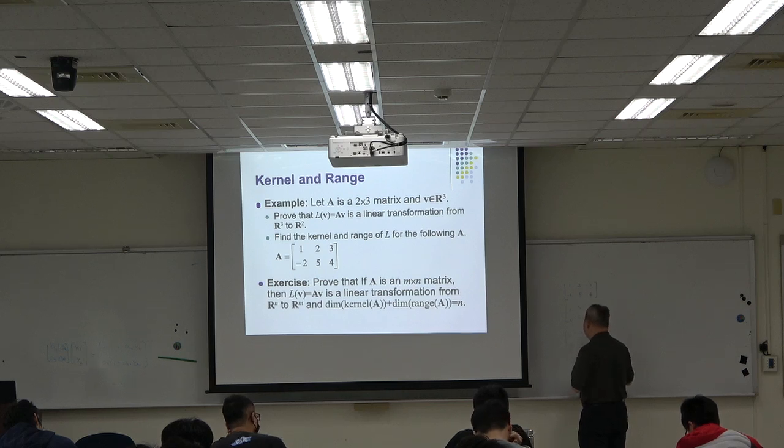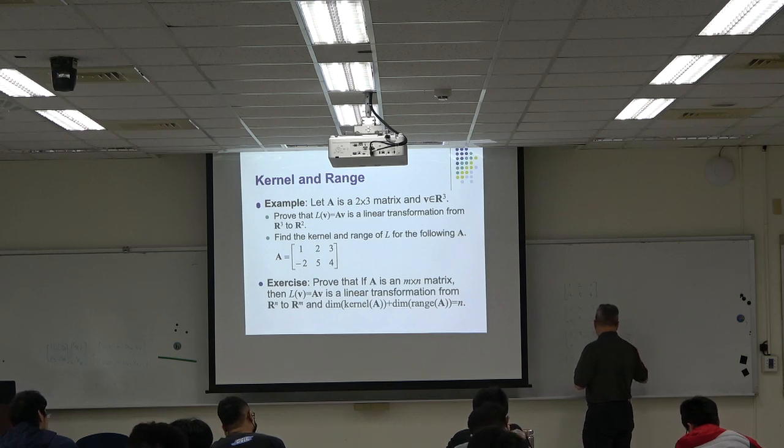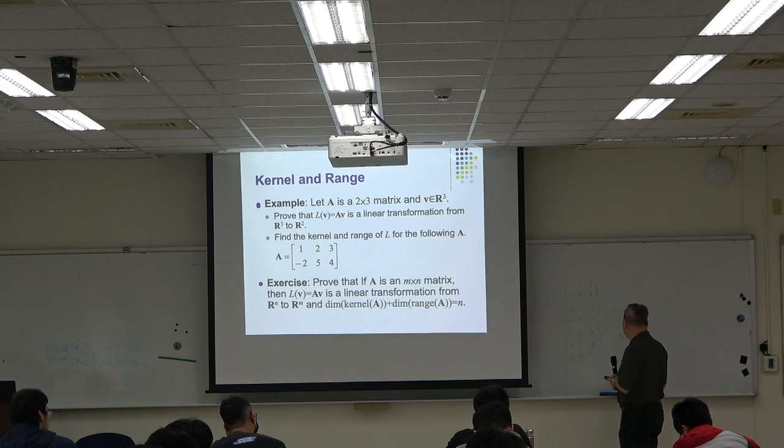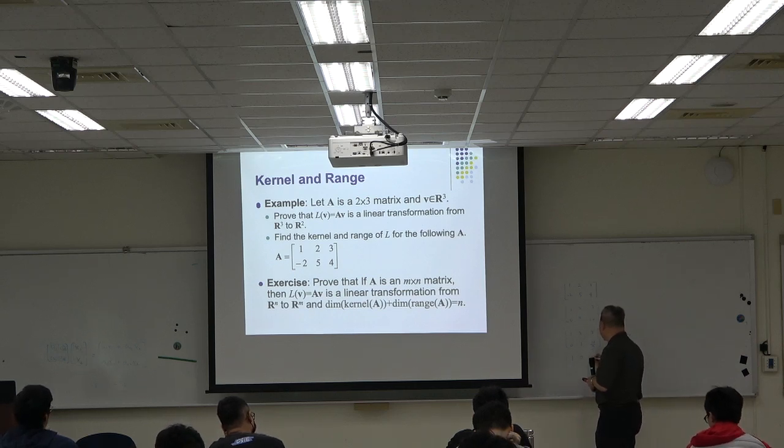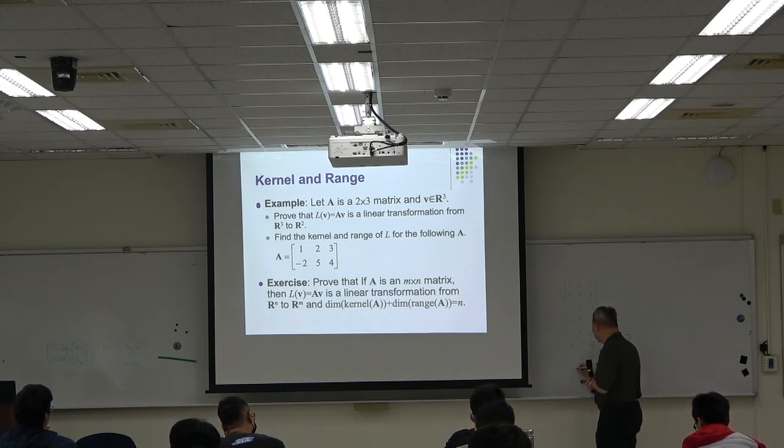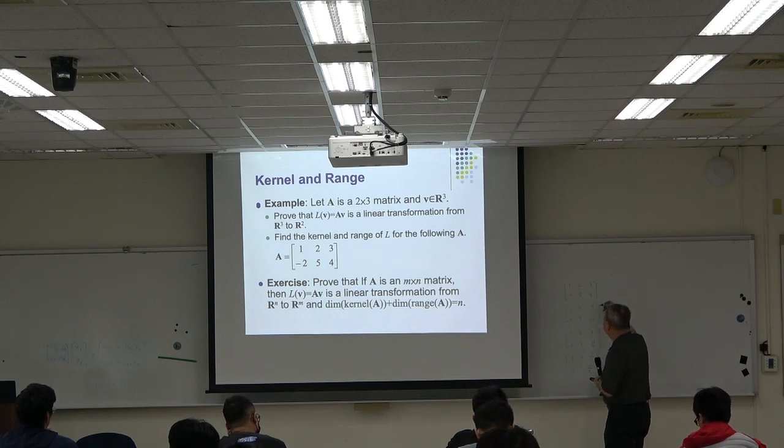Multiply the second row by -2, add to the first row. And we know AX equals 0, and this one has the same solution, right?